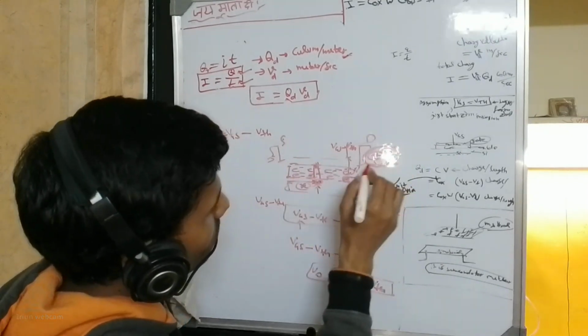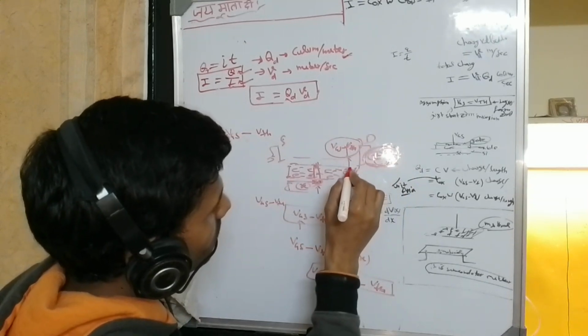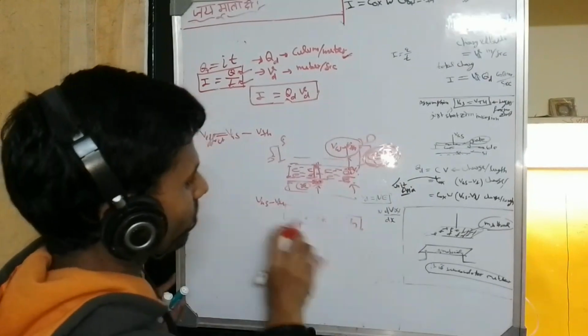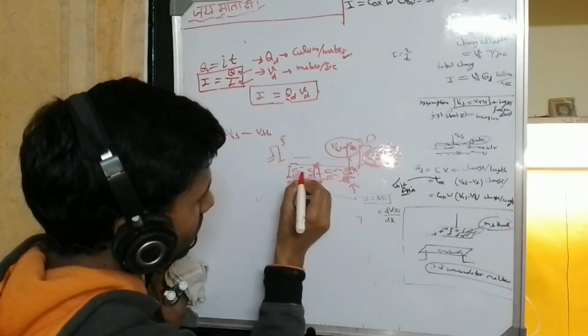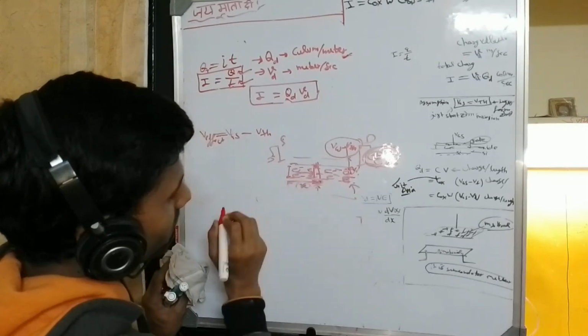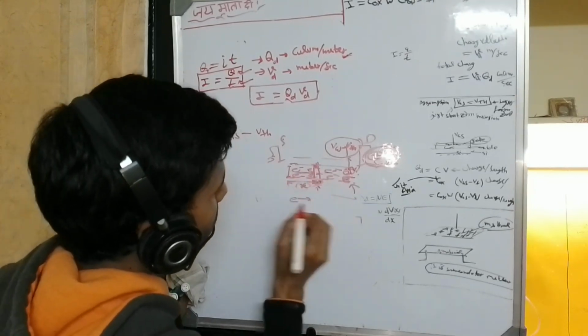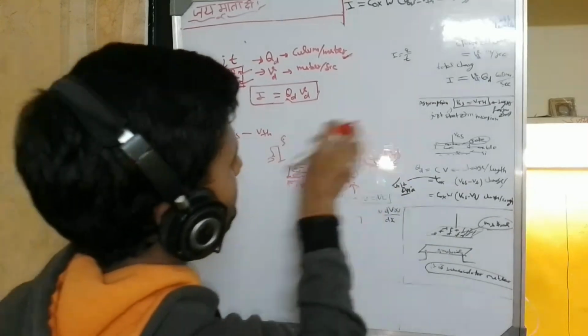If you apply a voltage equal to this, it will go to 0, and at this point there will be no charge. Okay, so some voltage difference is created from here to here, and because of this voltage difference the electron will flow, and because of the flowing of electron, current will be generated.